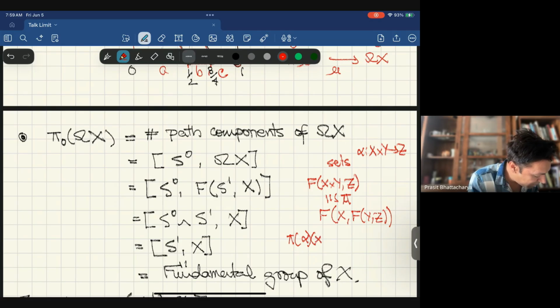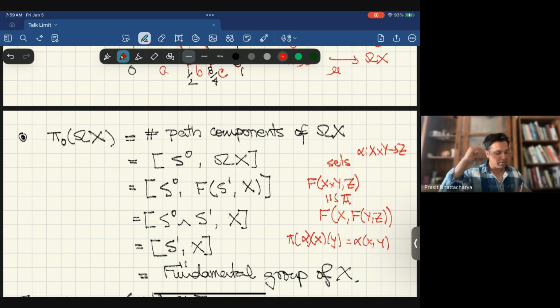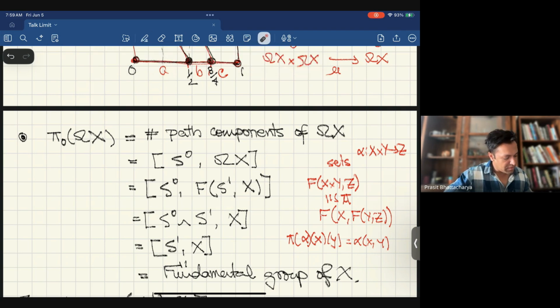So pi alpha of X should be a function from Y to Z. So I have to tell you what pi alpha of X evaluated at Y is, and that's just alpha of X comma Y. And you can define the inverse of this map. So the point is that you can trade the function space for a Cartesian product on the other side.